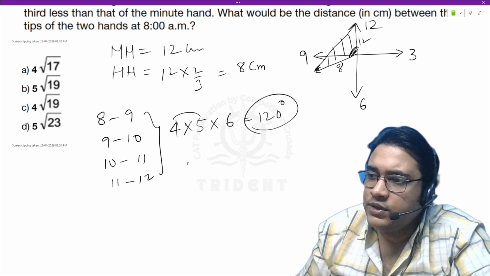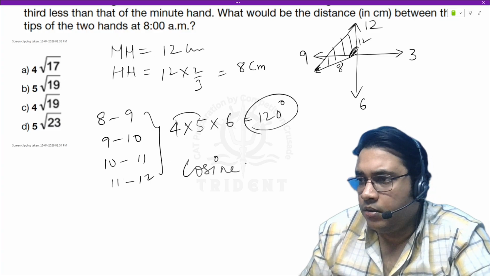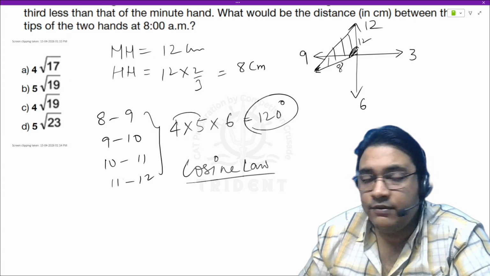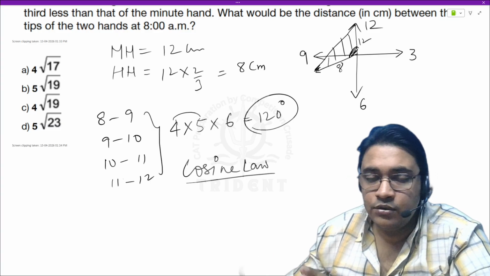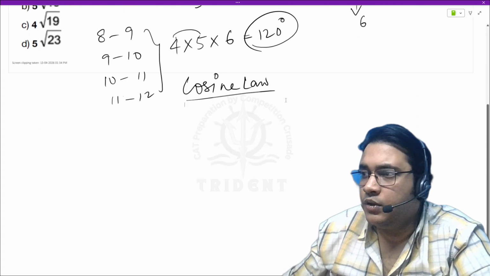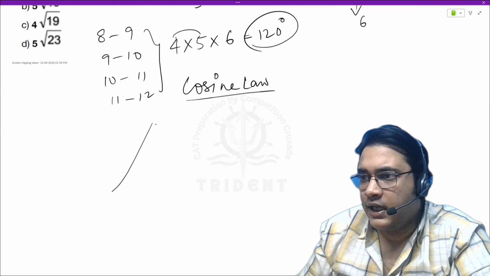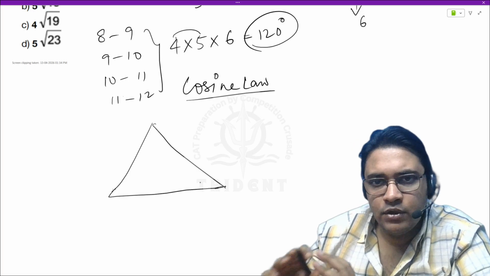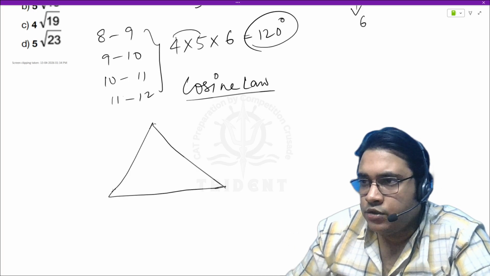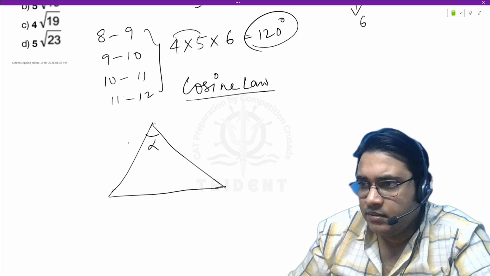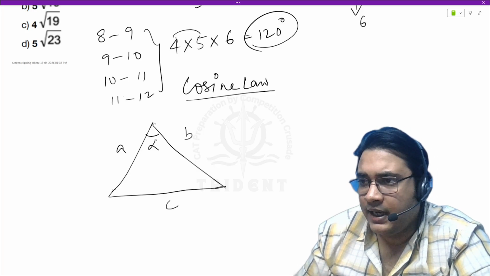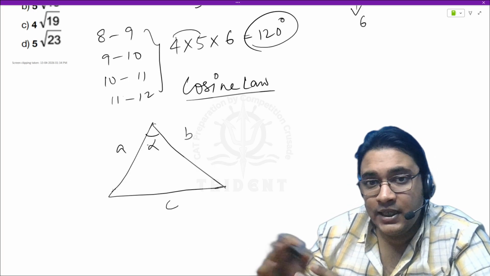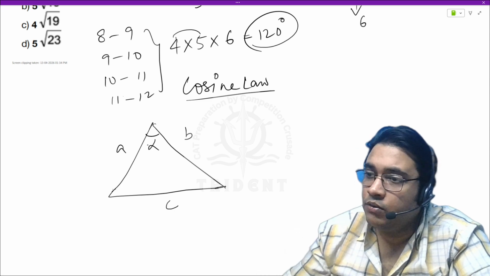Now you have to use something called the cosine law. If you remember the cosine law, well and good. If you don't remember it, don't worry. You're in good hands. For a triangle ABC, this is the beauty of Trident classes. We don't just give you the solution, we give you a little bit of concept also. Suppose there is a triangle with lengths A, B and C, and alpha is the angle between A and B. Now please understand, this is how the cosine rule works.